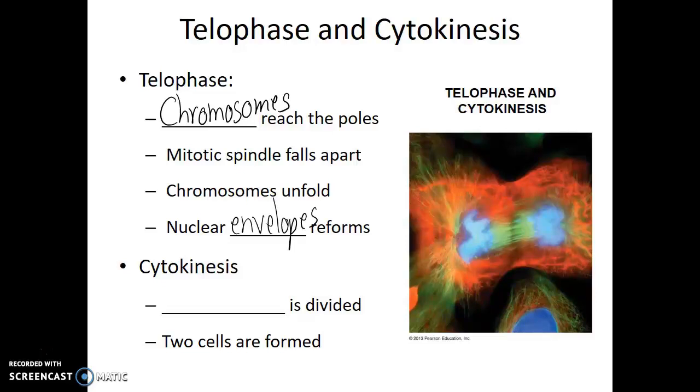Typically, around the same time as telophase, cytokinesis begins. Remember, cytokinesis is not one of the phases of mitosis, but cytokinesis is the division of the cytoplasm. So with completion of mitosis with telophase and completion of cytokinesis with the division of the cytoplasm, we have now successfully completed cell division. Two cells have formed, each with their own nucleus.